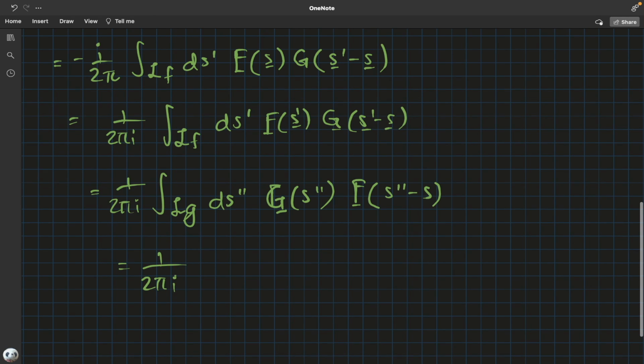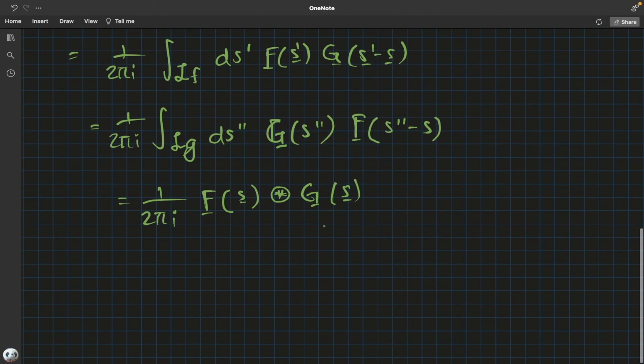But I can generally write this as a convolution of f of s and g of s. In this case, this is a more complex version of the convolution, but we can define it totally as a convolution. That's why we have a complex convolution, and why it matters what contour of inversion we took initially.